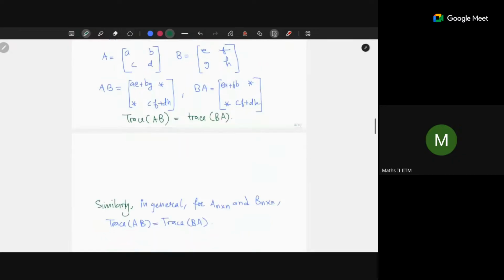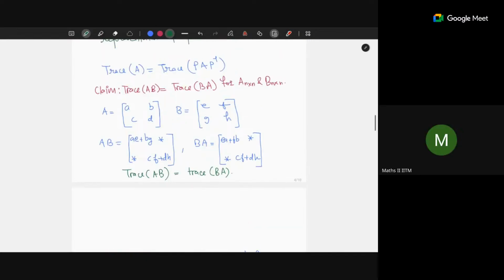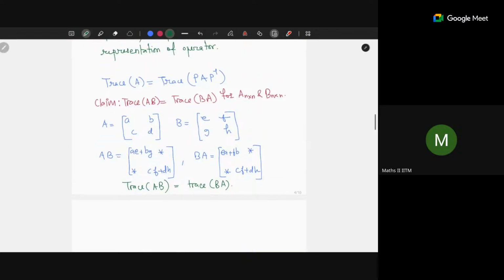Now in generality you can perform a similar argument. Excuse me, sir, but in AB the 1 1 entry is ae plus bg, and for BA the 1 1 entry is ea plus fb. How is it the same? Oh right, I must have made some mistake. For BA, it would be ea plus fc.